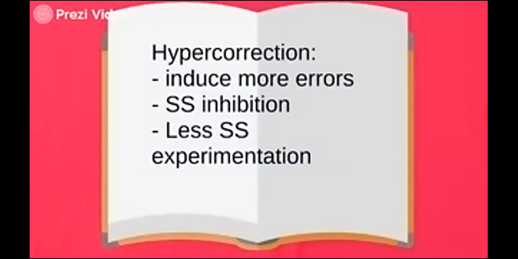And this also produces less student experimentation. This means that the student does not feel very comfortable expressing, exploring, experimenting with their language use. And remember, an important part of language learning for students is that they are able to experiment. They should be able to try and see how they are working their language.